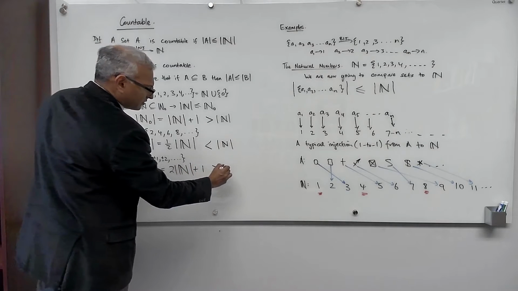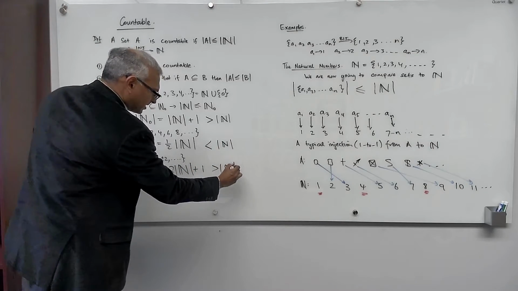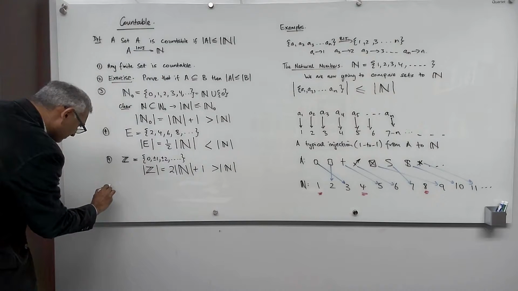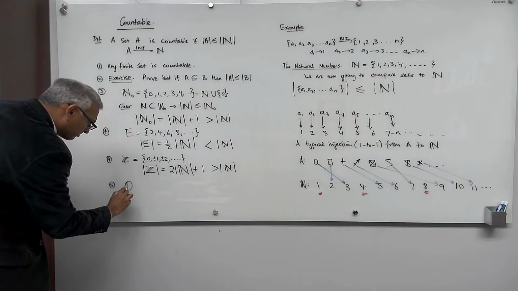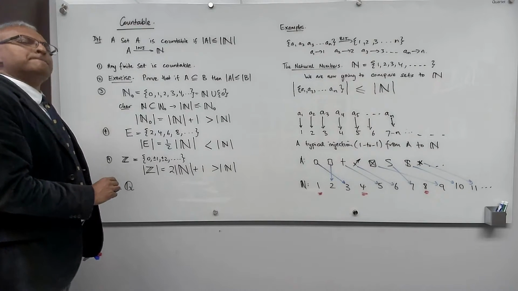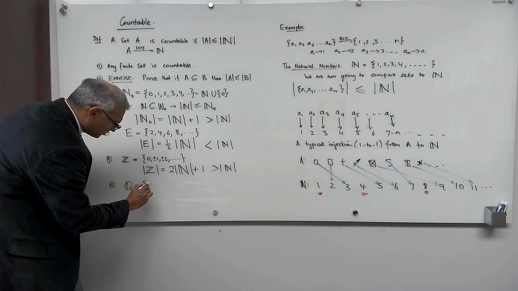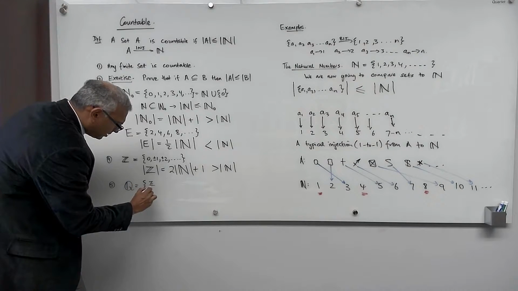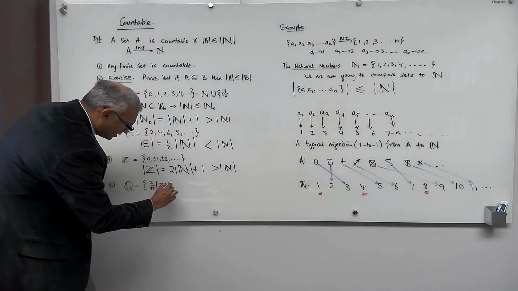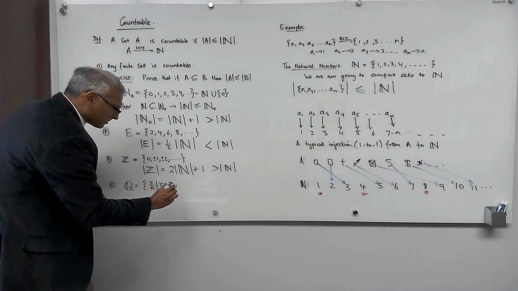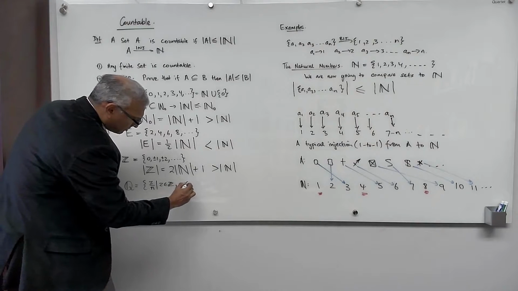And let's consider one more set, which is the rational numbers. This is a big set. Remember what it was? It was Z over N, where Z is an integer and N is a natural number.